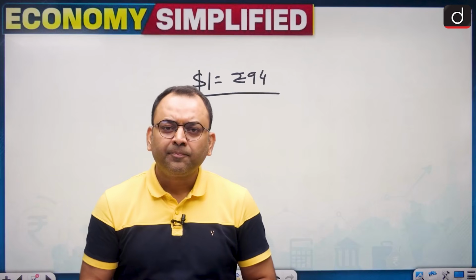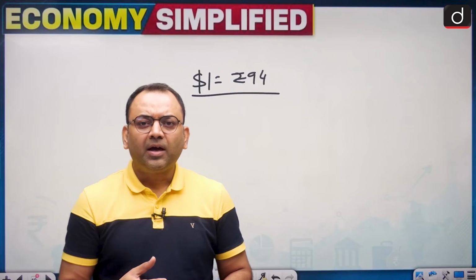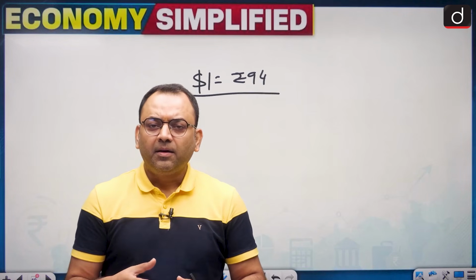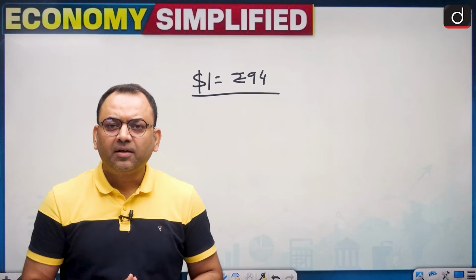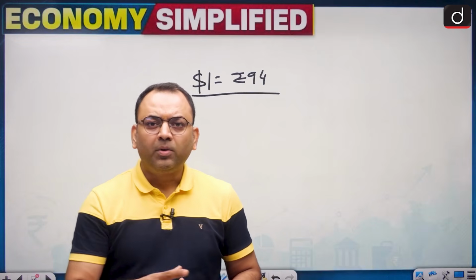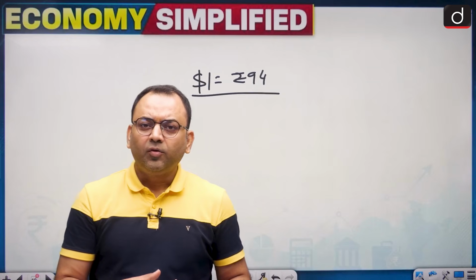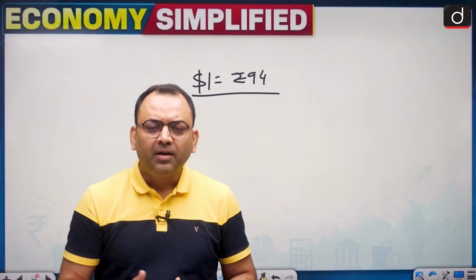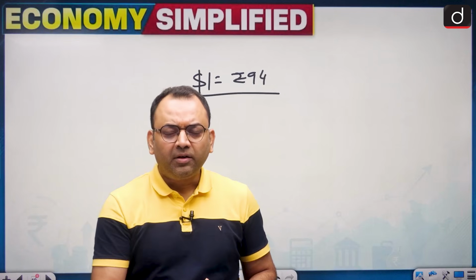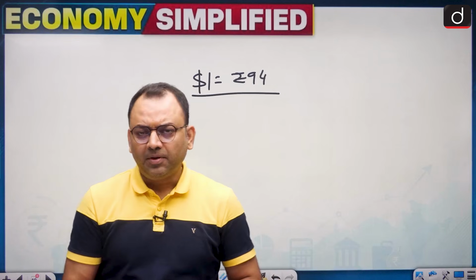Now what happens is, suppose dollars are in high demand, because the other economies are shrinking, the other economies are volatile. The dollars are going back to their home country, USA, because USA is a comparatively stable economy. So the dollars are going back to the home country, and in the market, dollars are not available.